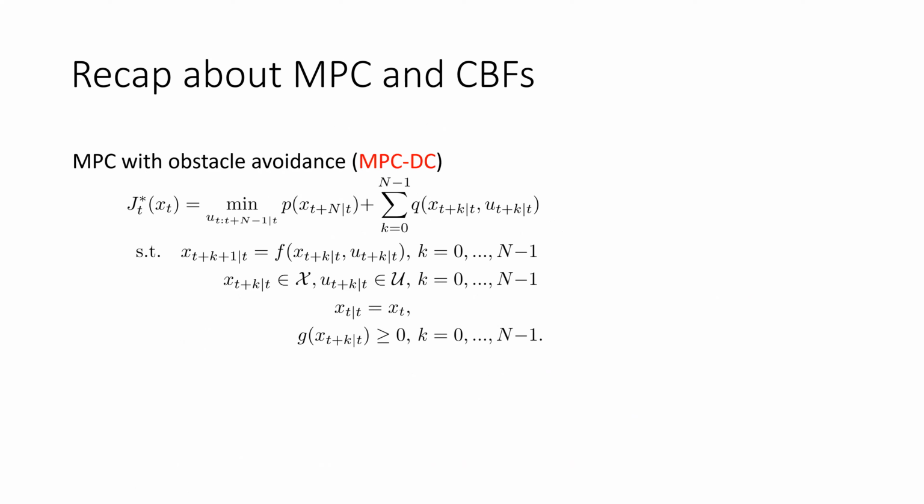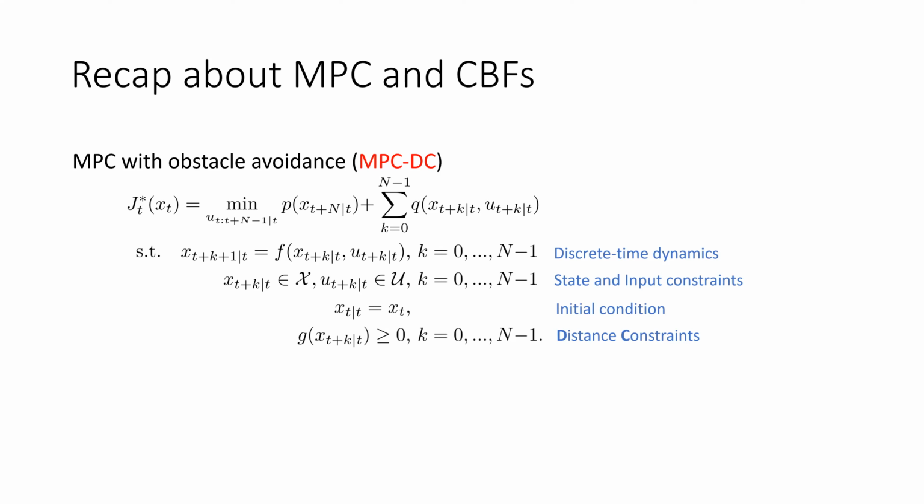So here is a formulation that people usually use in MPC with obstacle avoidance. Here we first have the discrete time system dynamics as constraint, and then the state input constraint, initial condition, and finally the distance constraint. We call this method MPC-DC in this paper because people usually use a distance function as the function g to formulate the distance constraints.